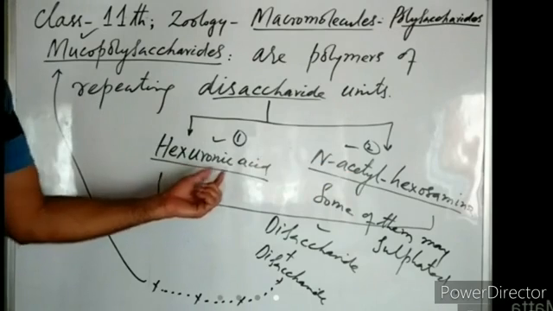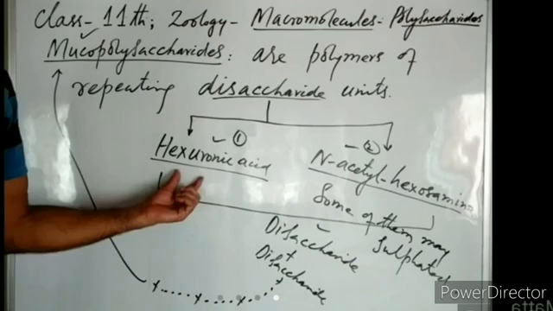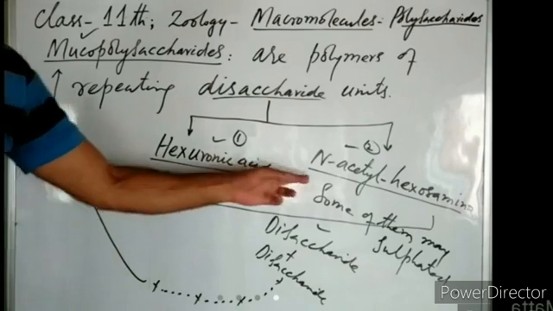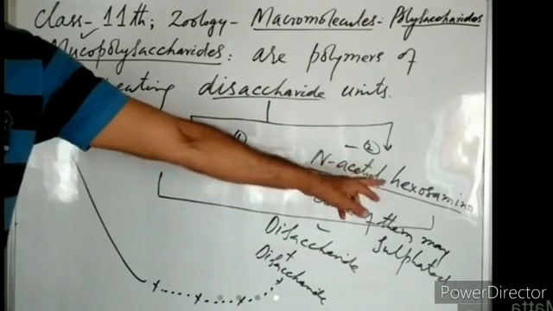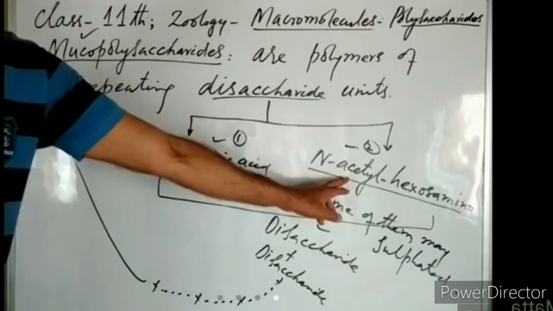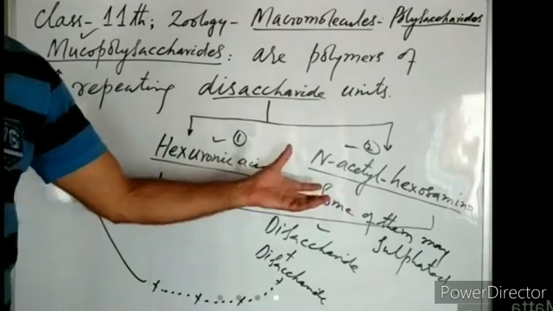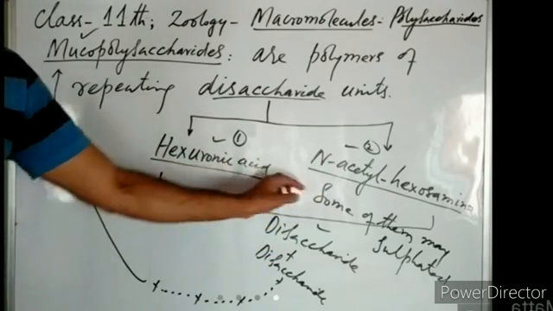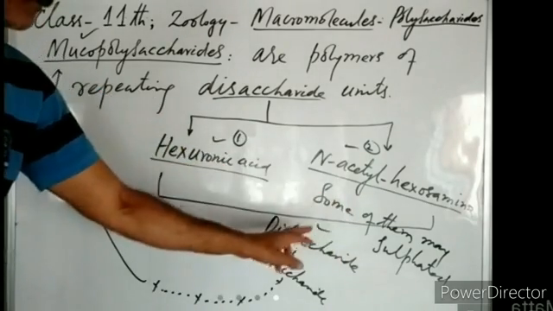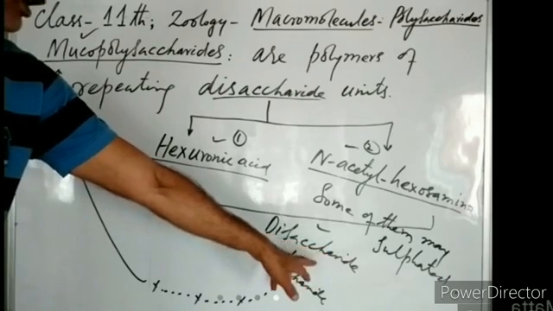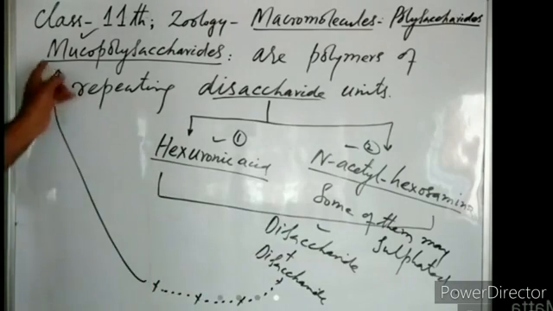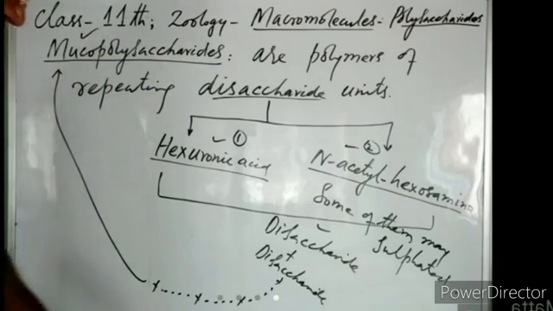Hex means 6, so it is a compound formed of 6 carbons. N-acetyl hexosamine is a 6 carbon sugar having an acetyl group. So they are both modified sugars, and these two modified sugars combine to form a disaccharide. Some of them may also have sulfur, so they form sulfated disaccharides. These sulfated disaccharides may combine and form polysaccharides known as mucopolysaccharides, right?